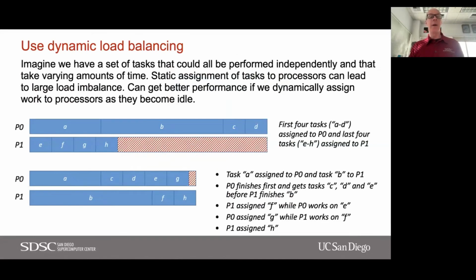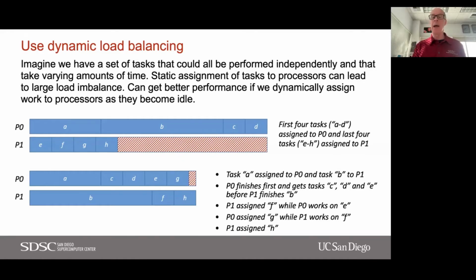We can do dynamic load balancing. Again, this is something that's going to be done by the developer of the code. So imagine that we have a set of tasks that could all be performed independently and they take varying amounts of time. So if we do a static assignment of those tasks to processors, that can lead to a large load imbalance. We can get better performance if we dynamically assign work to processors as they become idle.